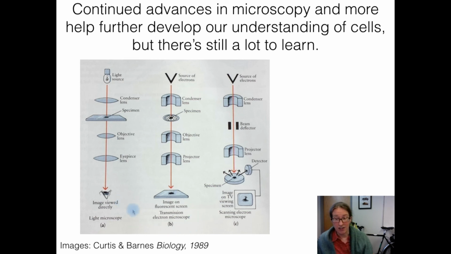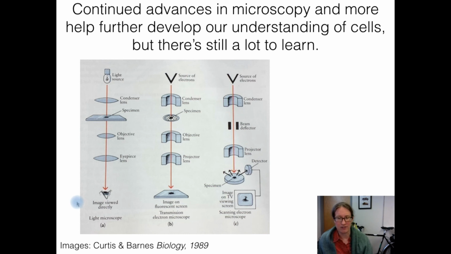The next type here, the transmission electron microscope, is a similar idea, except instead of passing a light through a sample, electrons get passed through a very thin sample suspended on a grid. And then this gets detected on a screen. And the advantage here is that electrons have a smaller wavelength than visible light, so it's possible to get clear images of even smaller objects with a transmission electron microscope compared to a light microscope.